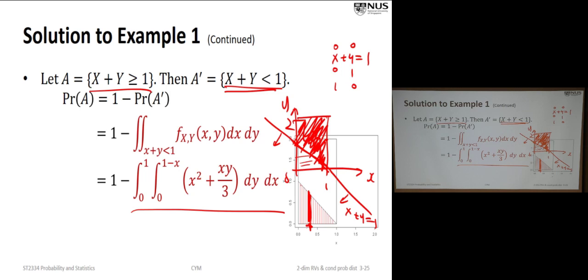So what's the y value at this point? It depends on x. Because of this equation, x plus y equal to 1, this point is just y equal to 1 minus x. So y equals 0 refers to this point, y equal to 1 minus x refers to this point.